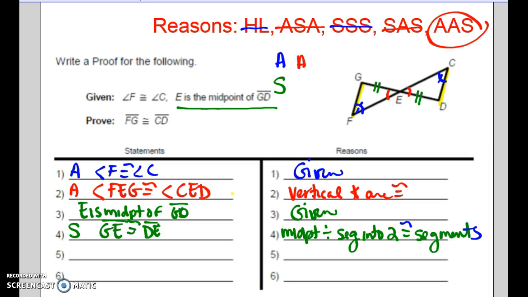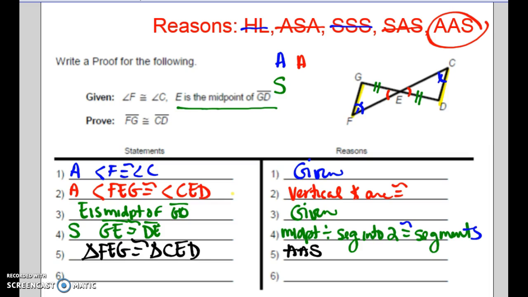So now I can show that I've got two congruent triangles. So I'm going to say that triangle FEG is congruent to triangle CED. And the reason is the angle, angle, side postulate. And now let's look.